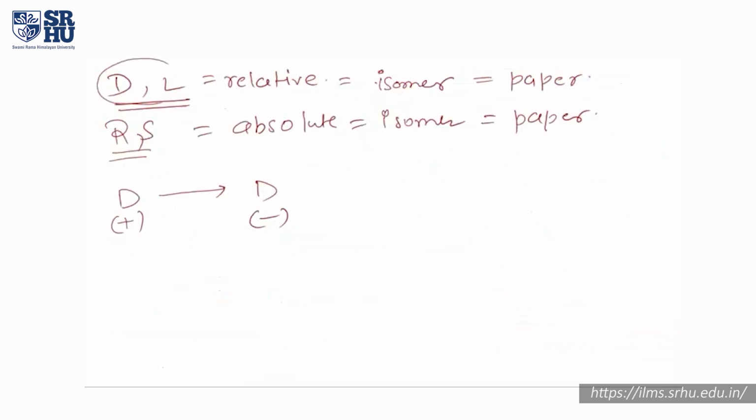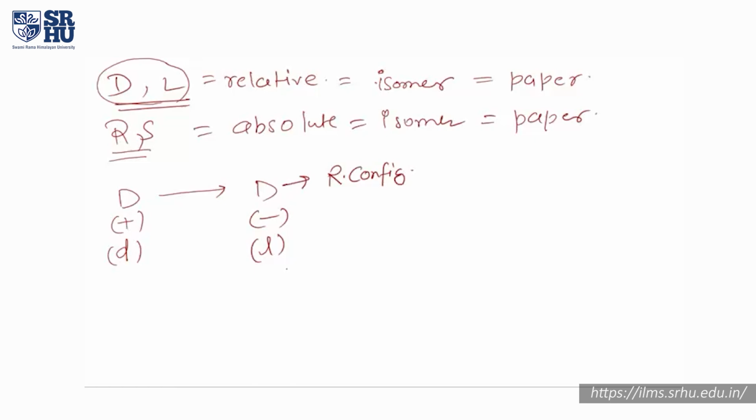Capital D and capital L simply represent the configuration of the isomer relative to D-glyceraldehyde. It does not mean dextrorotatory. Always remember, if a compound is dextrorotatory, it is represented by small d or plus, and levorotatory by small l or minus. But capital D and capital L simply give the relative configuration with respect to glyceraldehyde.